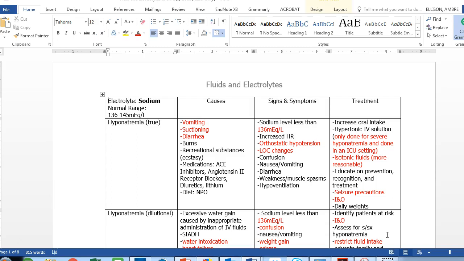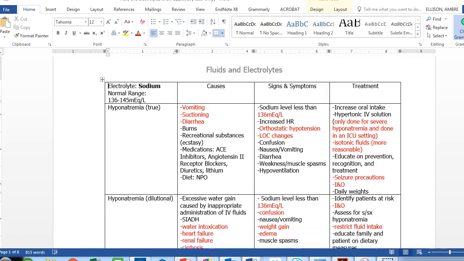However, with low sodium, you do not want to raise the sodium too quickly because then you can have a demyelinating event that occurs. Basically you're pulling all that fluid and it goes into your brain, so you're having like a cerebral edema. So always be cautious when you're correcting sodium because you don't want to correct it too fast.